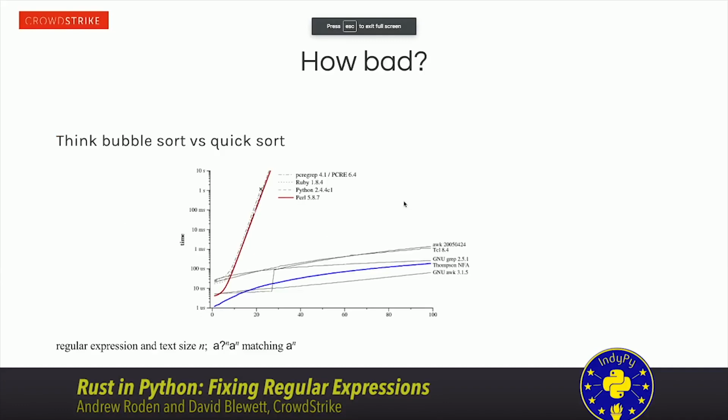Now, in here, I'm basically saying this isn't Rust. I'm not here to tell you, and we're not here to tell you, that Rust is the solution. It's not. It's algorithms. This is quicksort versus bubble sort. And this graph here is borrowed, as attributed at the bottom, and shows what happens with these different regular expressions. Now, Rust is not on this list, but Python is. And you can immediately see we're in Python following exponential growth.